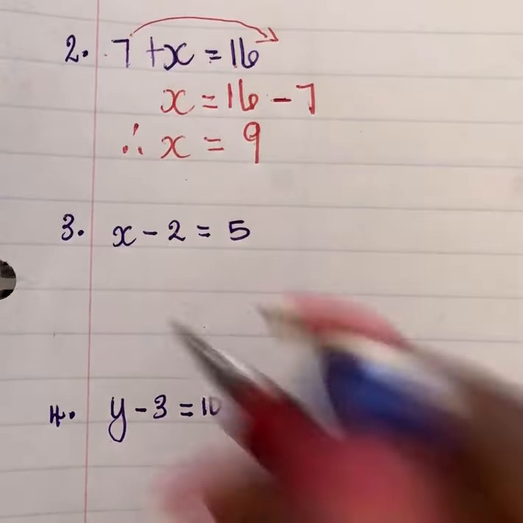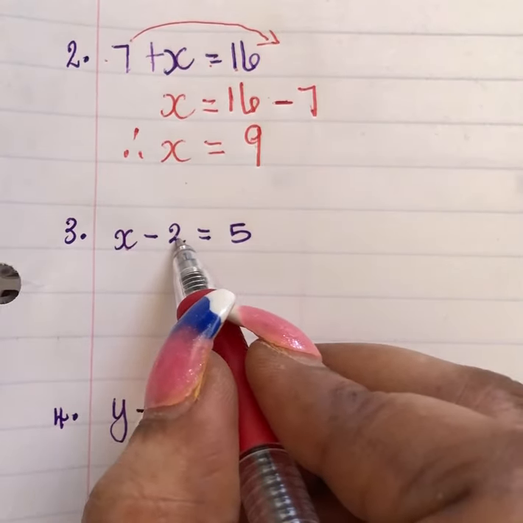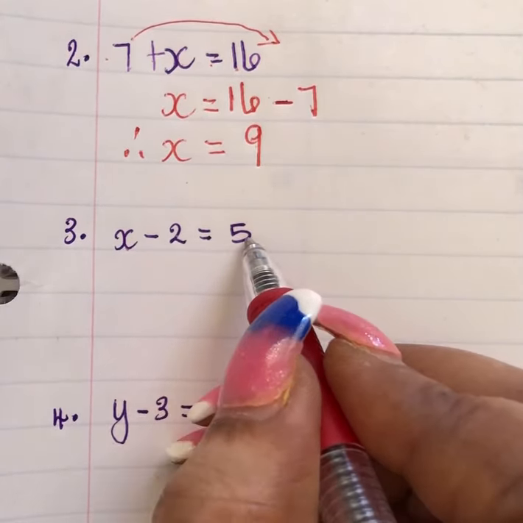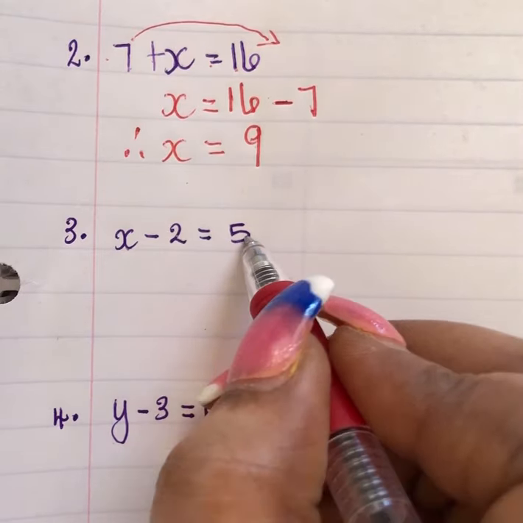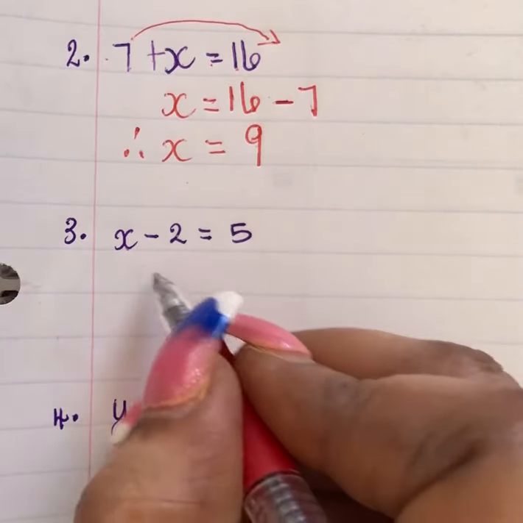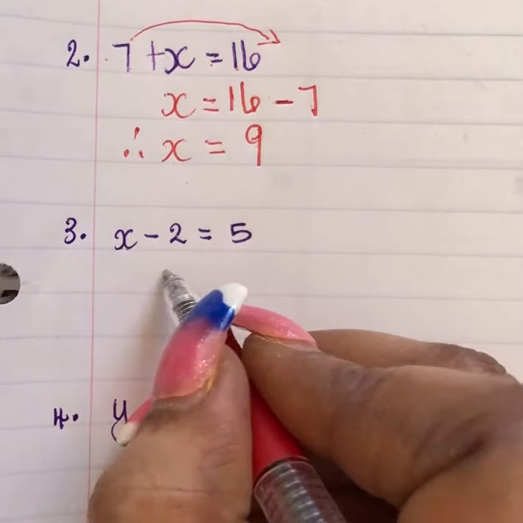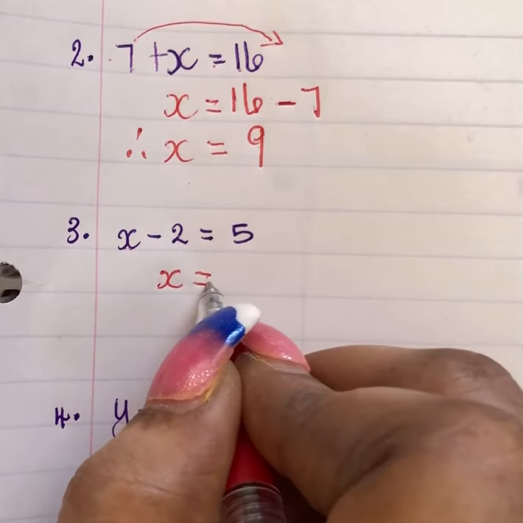Let us look at question 3. x minus 2 is equal to 5. I'm going to use the same method I used earlier. My unknown is a positive, so I'm going to keep my unknown on the left-hand side.